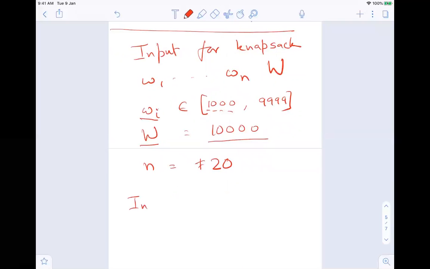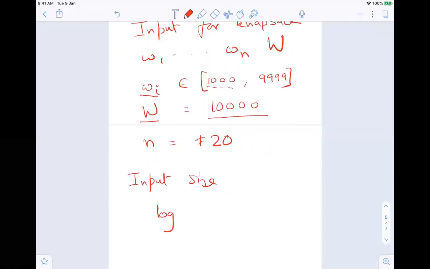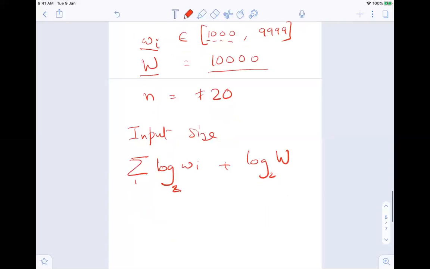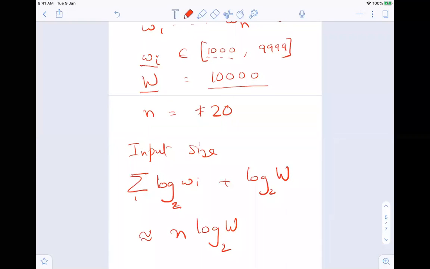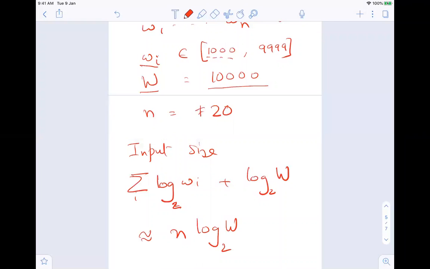So the input size in this setting is nothing but the summation over i of log of Wi, log of base 2 or 10 or whatever you want, it doesn't matter, plus log of W. Since you can always assume that Wi is less than W, this is like n times log of W. The W is the input, but the size of W is not W. The size of W is log of W.